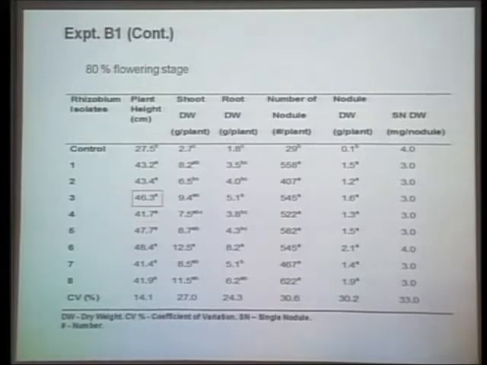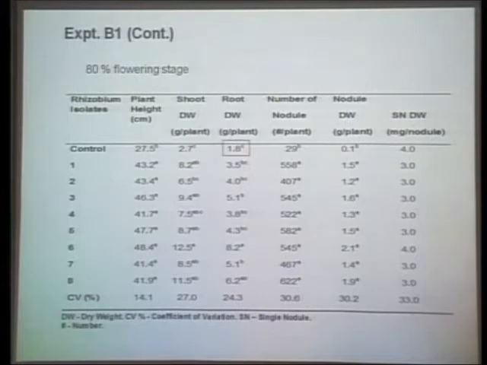There again, there's no significant difference between the isolates. And then shoot also shows significance within the isolates and the control. Isolate source gave the highest contribution to the shoots, followed by isolate 8, and then isolate 3.